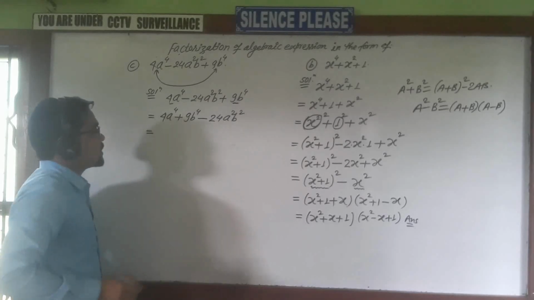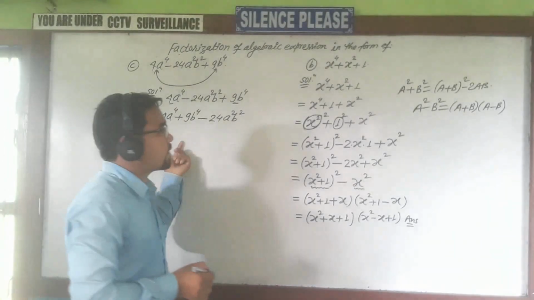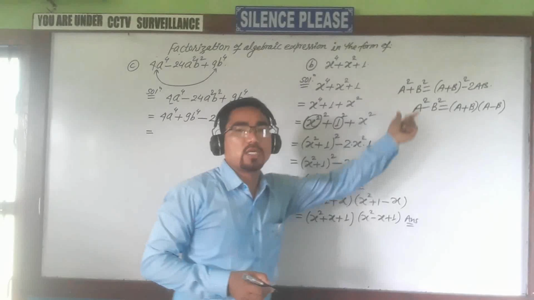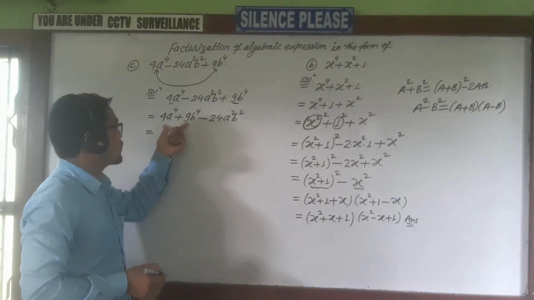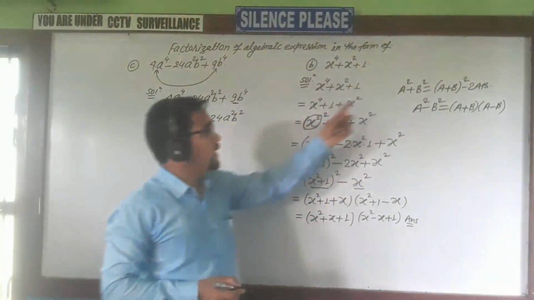First of all our work is to apply the formula of a square plus b square, otherwise writing these first two terms in the form of a square plus b square.